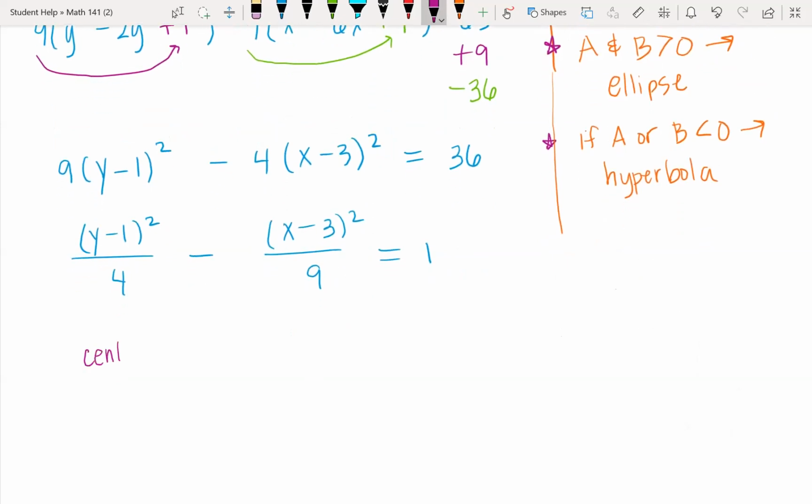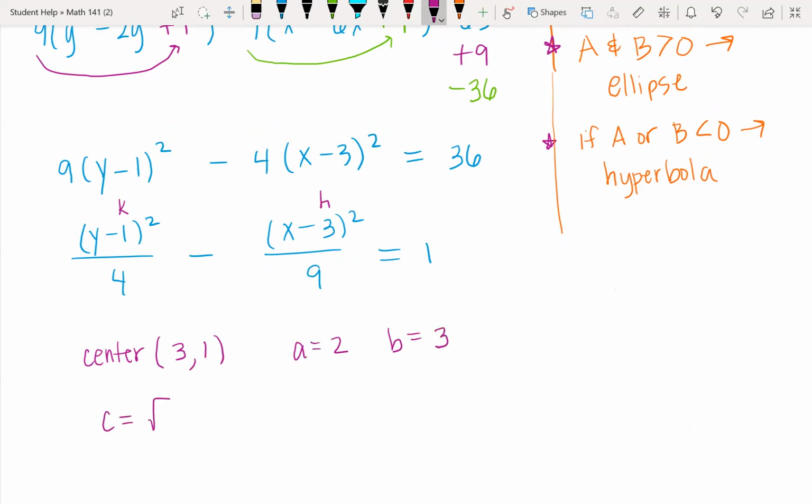The center is at, so here's where you need to proceed with caution. Notice that x and y are switched. So in this case, h is here and k is here. So the center is 3, 1. A is going to always be the first variable, so a will be 2 and b will be 3.